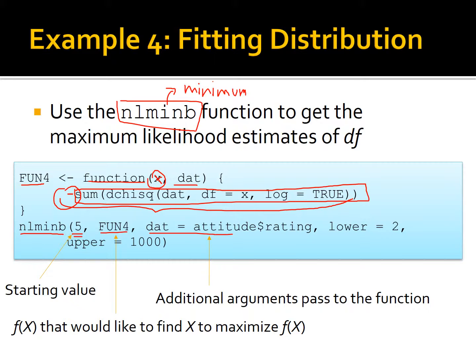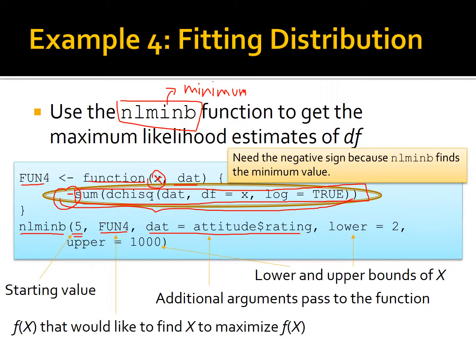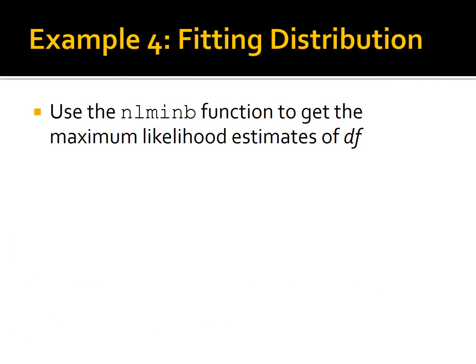We can also pass additional arguments to the function, and we can put the lower bound and upper bound of x. I put a degree of freedom of 2 as the lower bound and 1000 as the maximum. I need the negative resulting value because nlminb will find the minimum value.